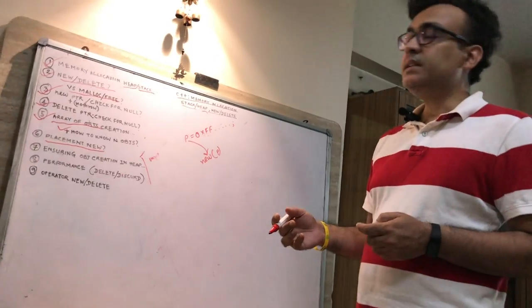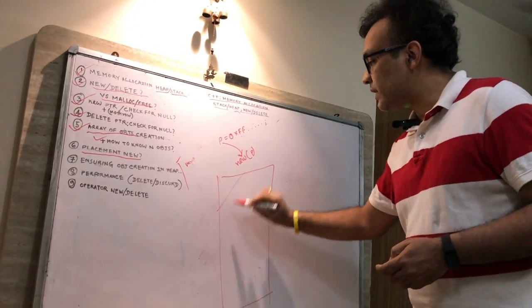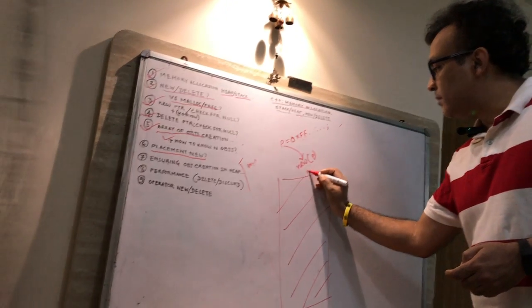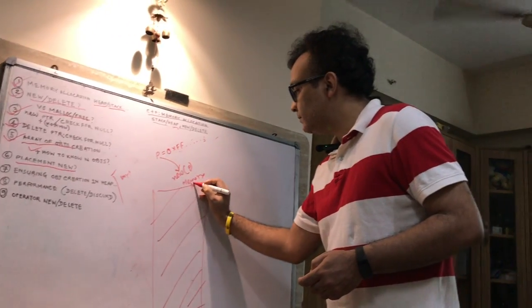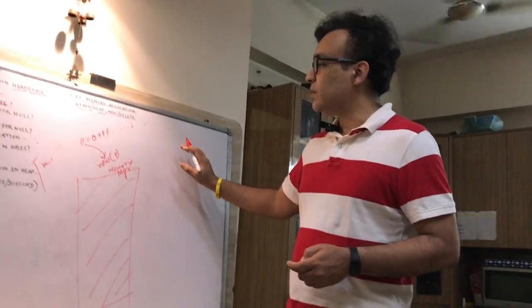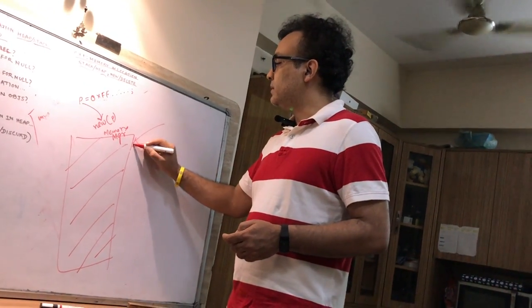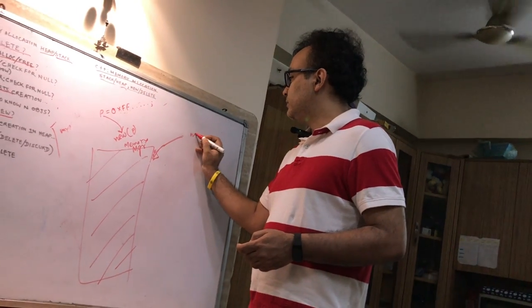There is another application: in professional programming, there is a chunk of memory which is allocated at the beginning of the program and is managed by the memory manager. Now, when the user codes a particular application, he takes the memory from here with the help of this placement new.